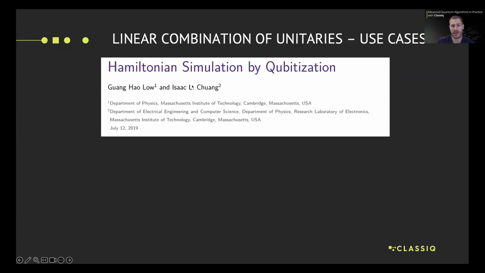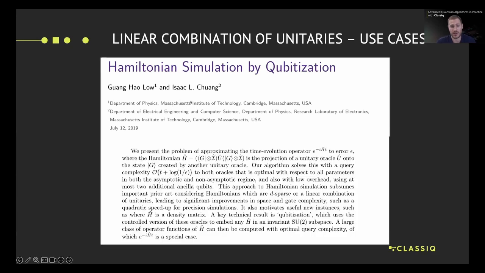Now, another implementation is Hamiltonian simulation by qubitization. And in this actual paper, you might use this method of qubitization in the final project. So this is also especially useful for the Womanium project and the Womanium program, in addition to the general understanding that is super useful. For the project phase, you might be using qubitization.